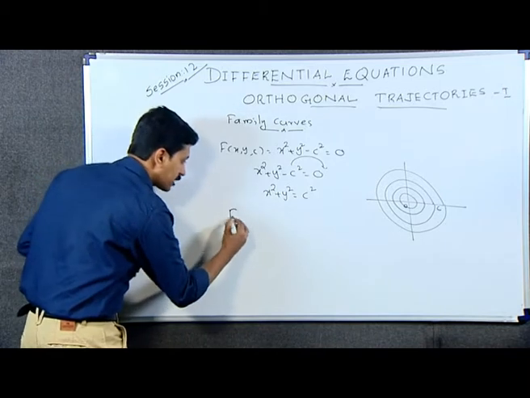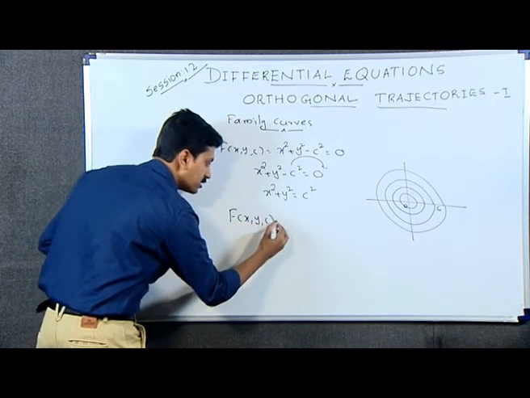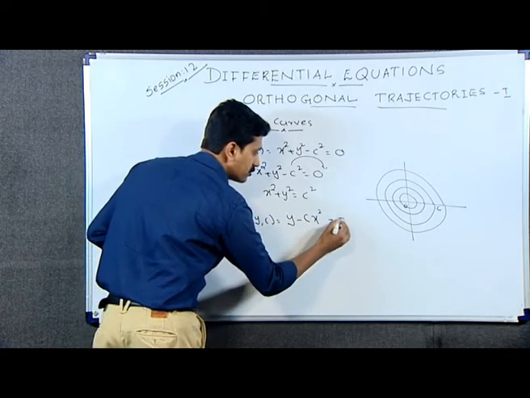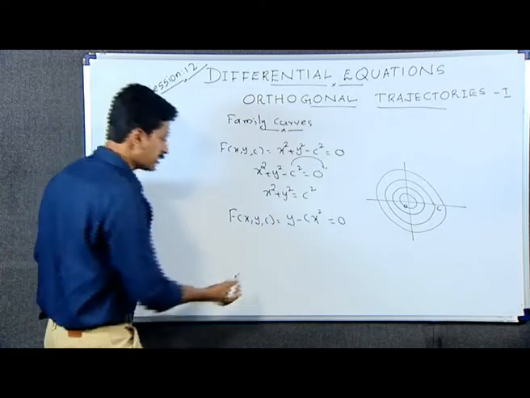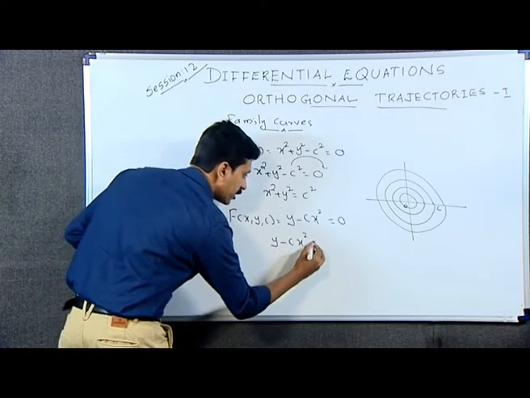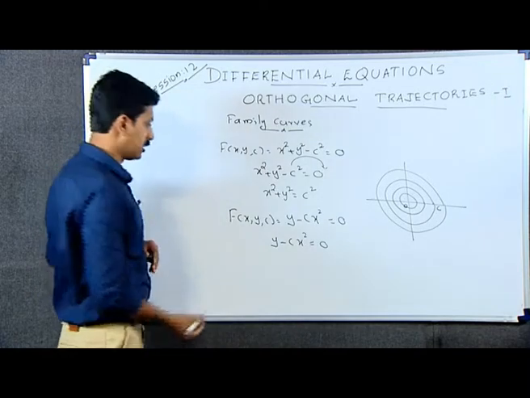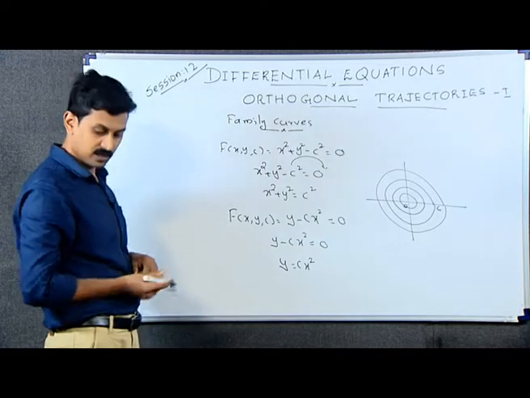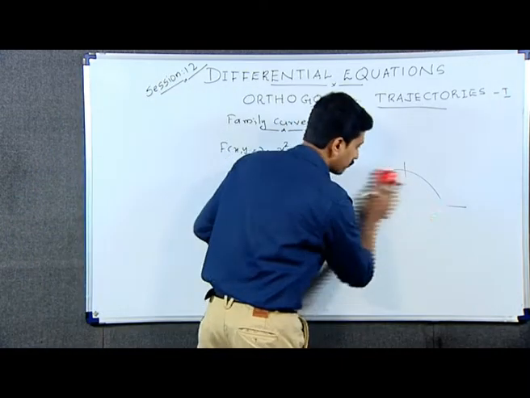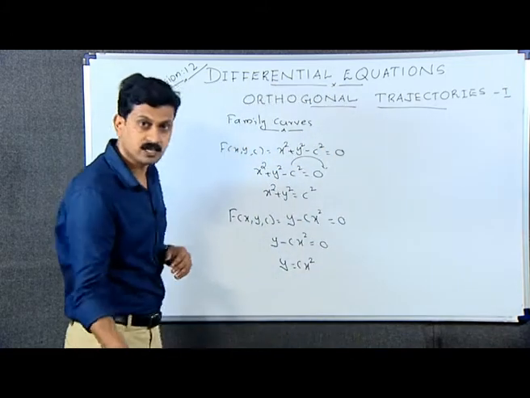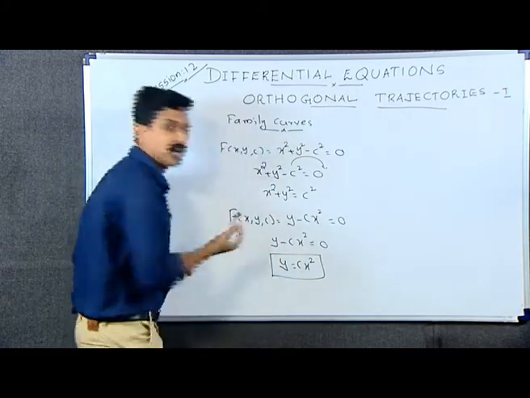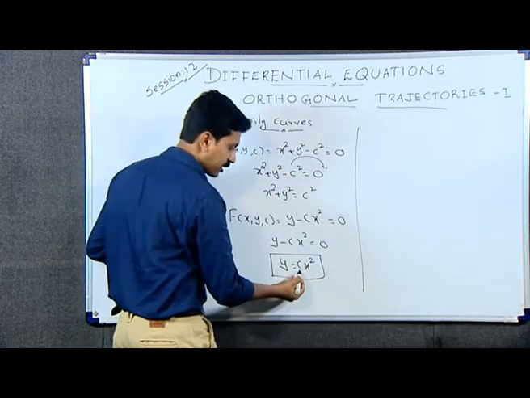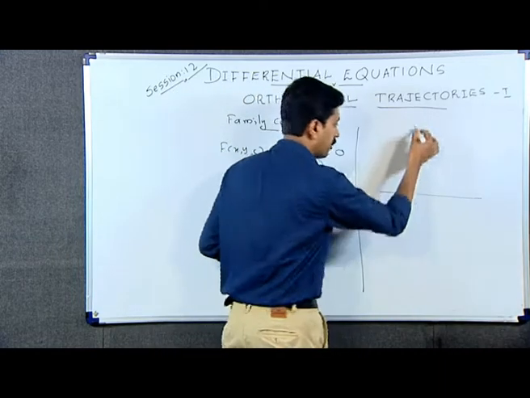Similarly, we can have another collection of curves, f of x, y, c equal to y minus c x square equal to 0. That means y is equal to c x square. We can understand that y equal to c x square is the collection of all parabolas which are symmetric about the y axis.